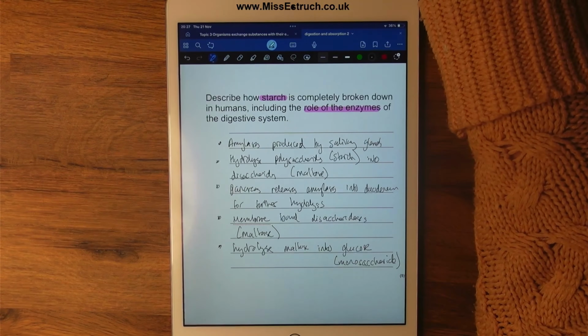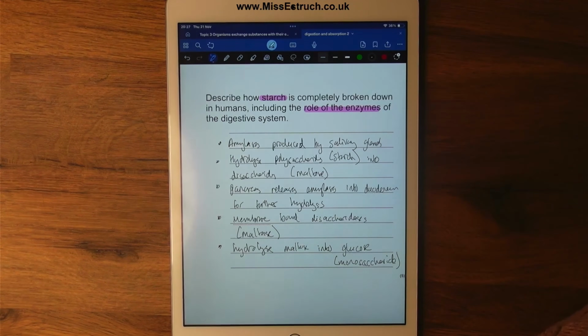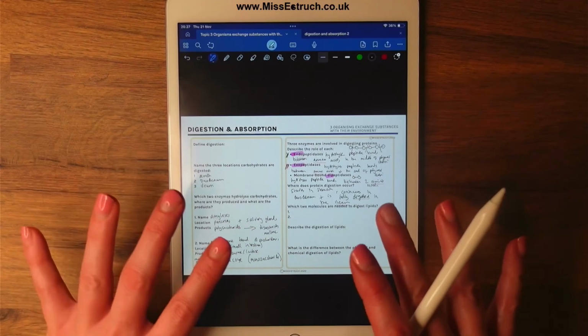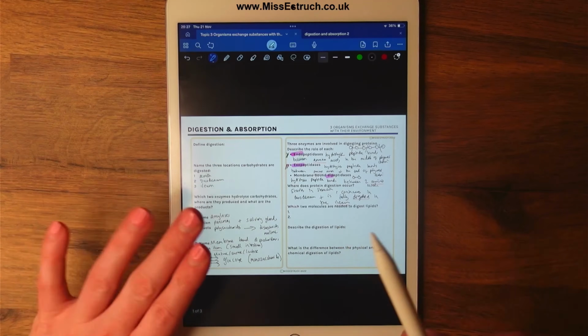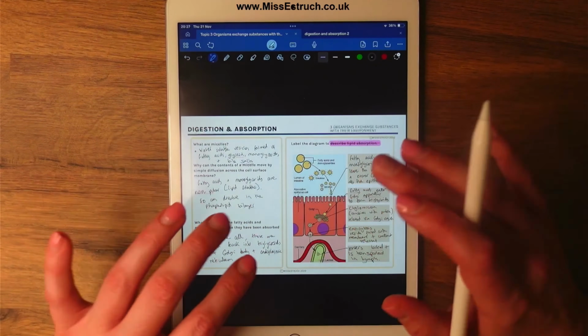Let me just check if anyone's added anything extra into the chat box. And I don't think so. I think those are all the key points. So that takes us to one of the final questions. I think we've covered most of what I want to do, just to do an overview of digestion and absorption. So we've covered starch, proteins, and lipids.